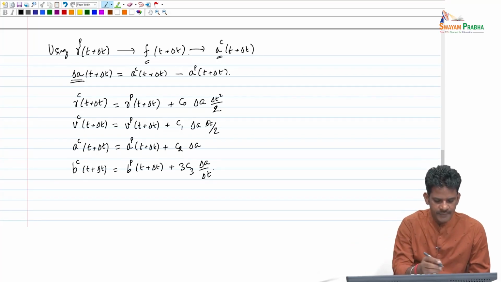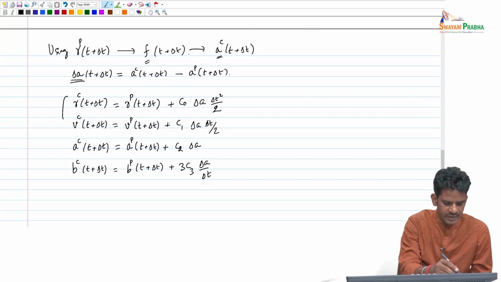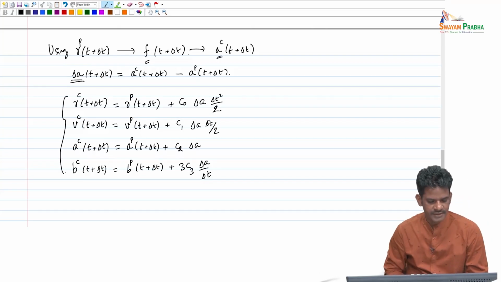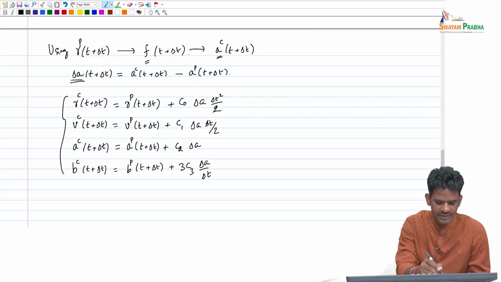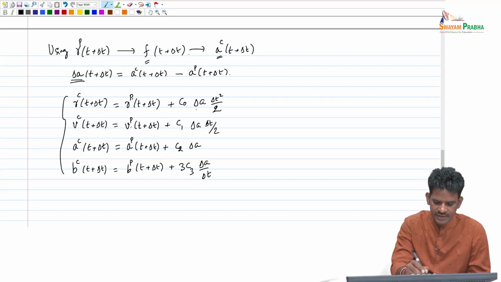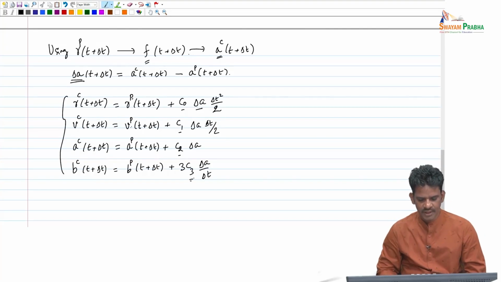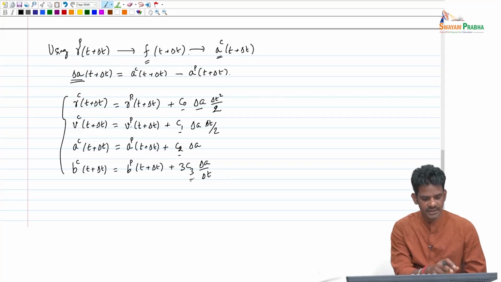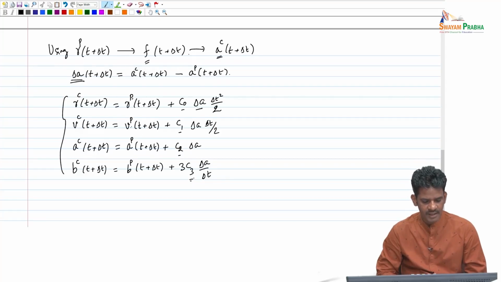So you can see that what we are trying to write is a set of corrected values using the predicted values of the position, velocity, acceleration and B, using the difference in the accelerations and certain proportionality constants C0, C1, C2, C3, which are supposed to be optimized so that the corrected value is close to the correct values.